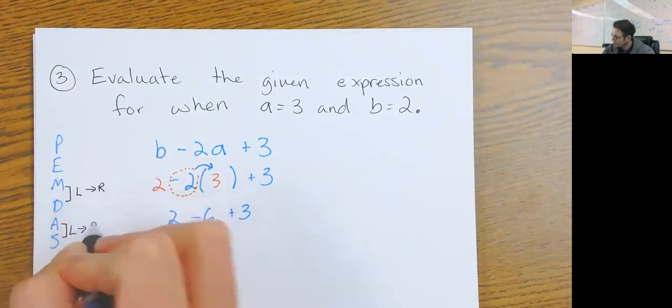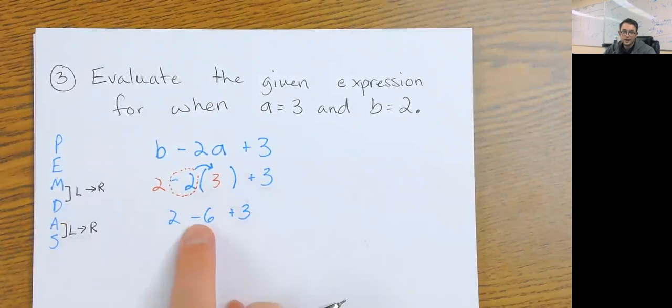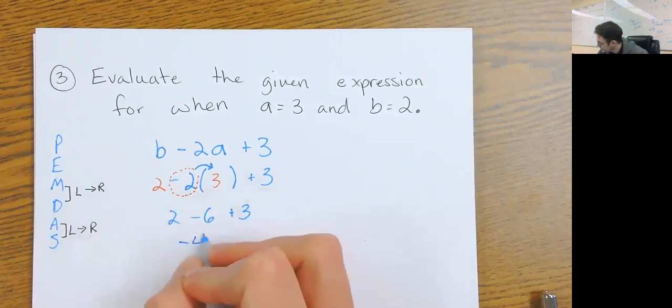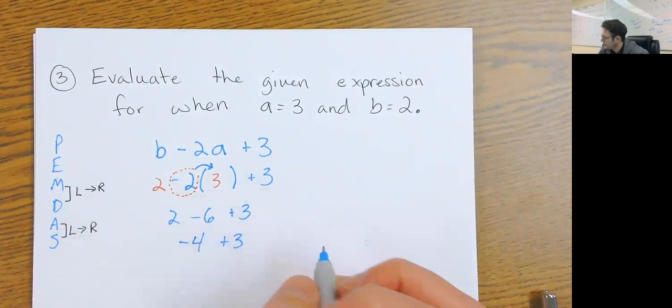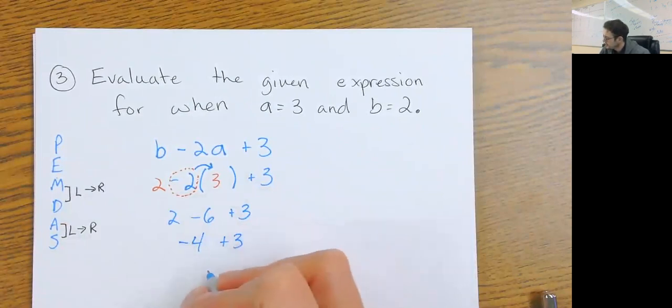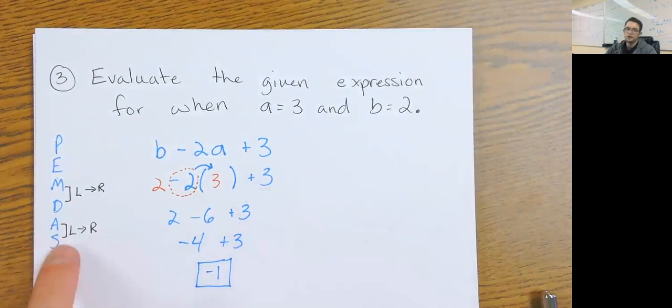So looking left to right, subtraction comes first. So 2 minus 6 is negative 4. And then we've got plus 3. Negative 4 plus 3 is negative 1. Addition and subtraction, left to right.